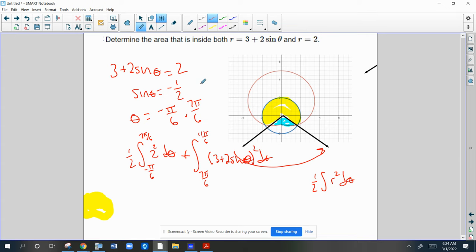So that's a little messy, but this is just r squared here. 1/2 would be multiplied by the whole thing. The first integral is just 4 times the length of this interval, which is 8 pi over 6. So 1/2 times 4 times 8 pi over 6, which is 4 pi over 3.